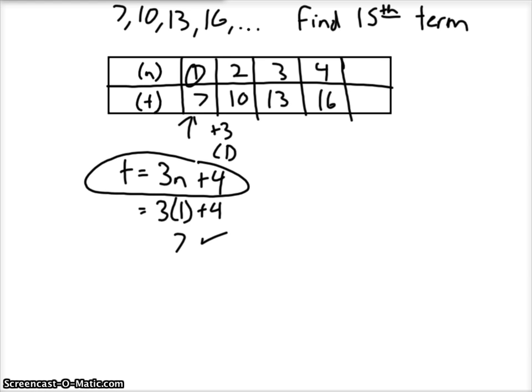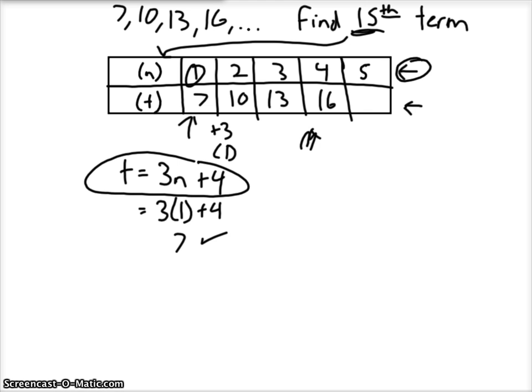Now it's asking about the 15th term. So here's the quick thing: does the number 15 go on the bottom, right here, or is that going up here? It's asking what is the 15th number. For example, this would be the 5th term number and going on. So 15 would be our n.